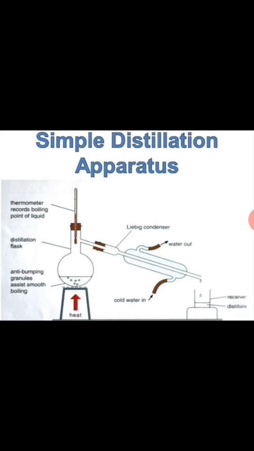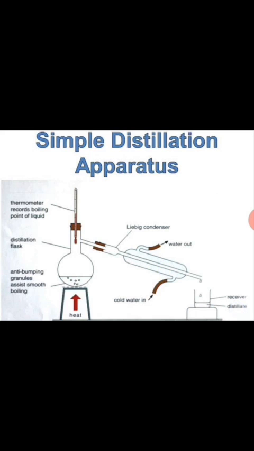So we can now collect that as a separate fraction and keep on boiling till it gets to 100 degrees Celsius, which is the boiling point of water. So simple distillation makes use of the differences in boiling point to separate a mixture.